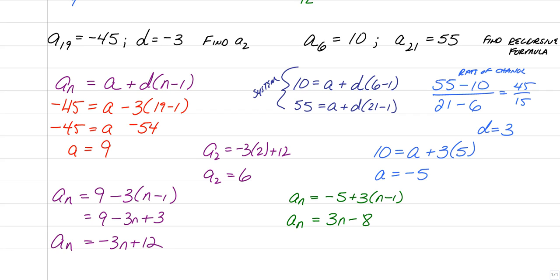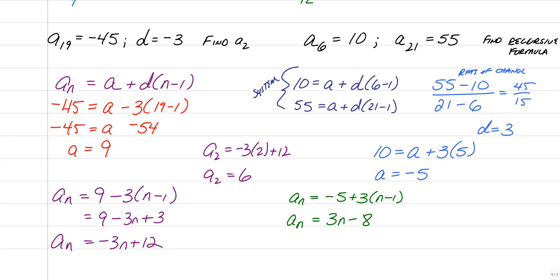But instead of using it to go find another term like a sub 14 or a sub 3, I want you to write this as a recursive formula. So back at the beginning, we also said that a sub n is equal to the previous term plus our common difference.